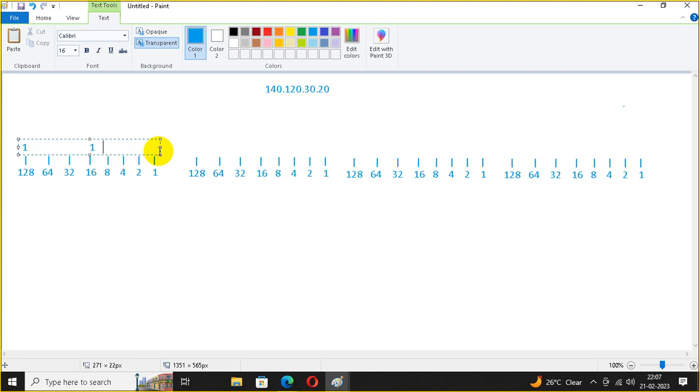Either you don't know addition, or you are joking. What exactly is the problem? I am asking something simple. How do you create 140 from this list? 128, then 4. 128 plus 8, how much? 136, and then how much? 4.